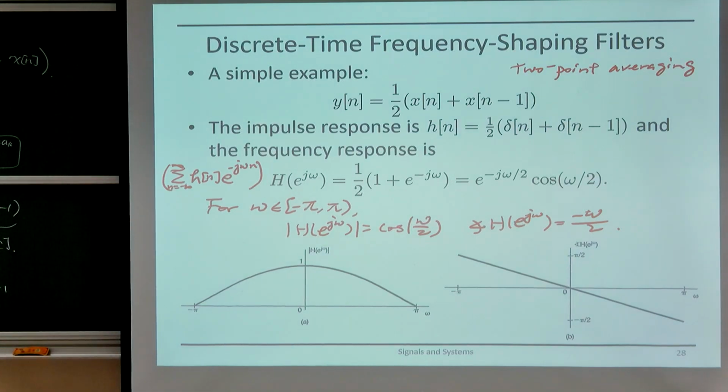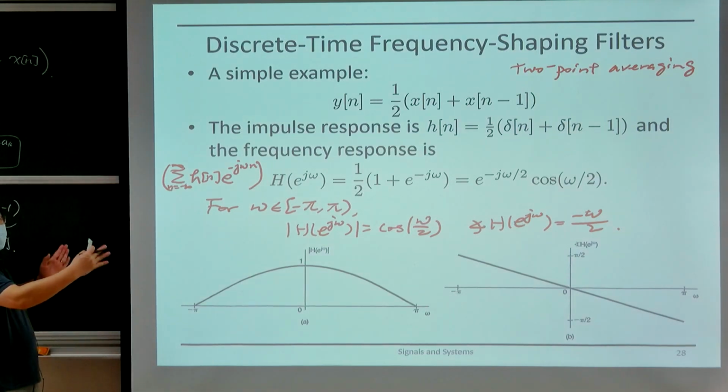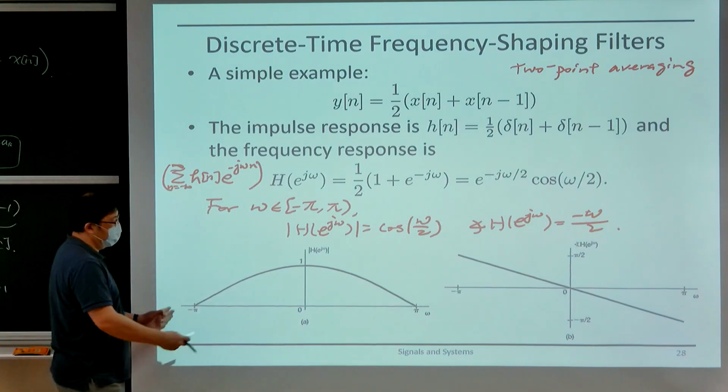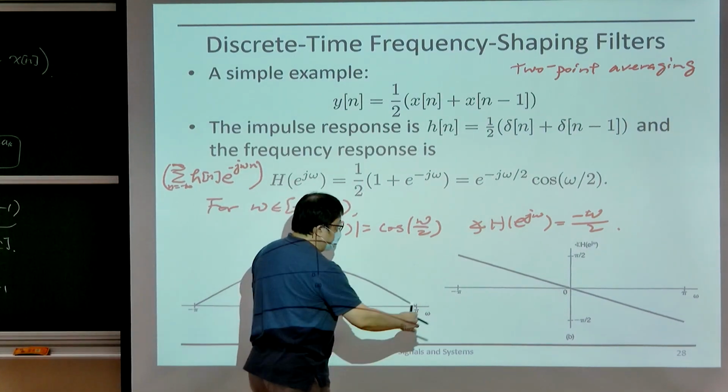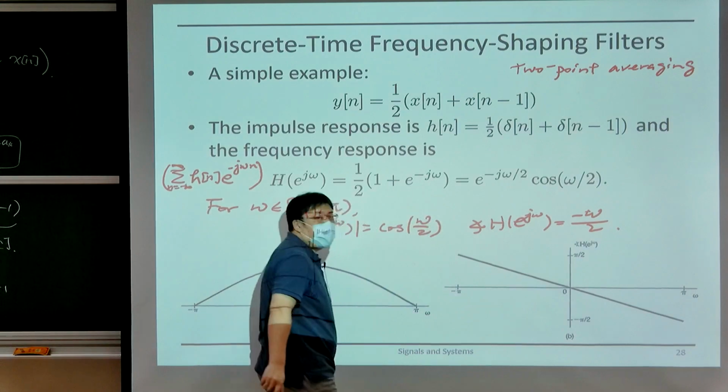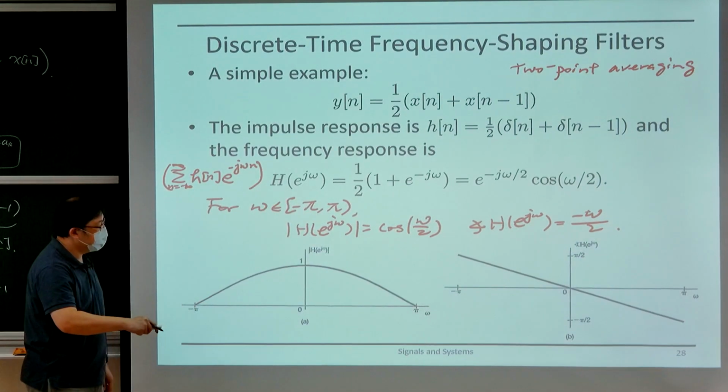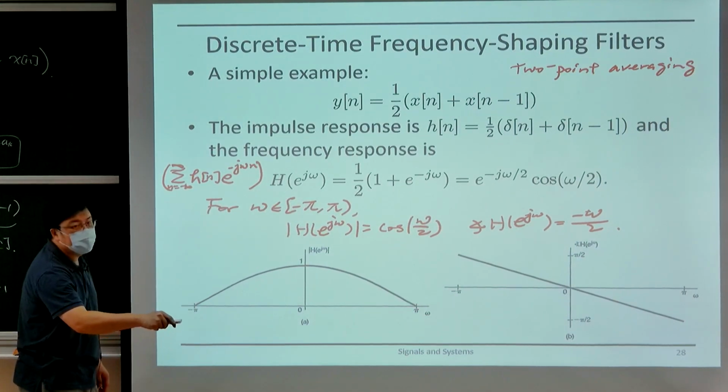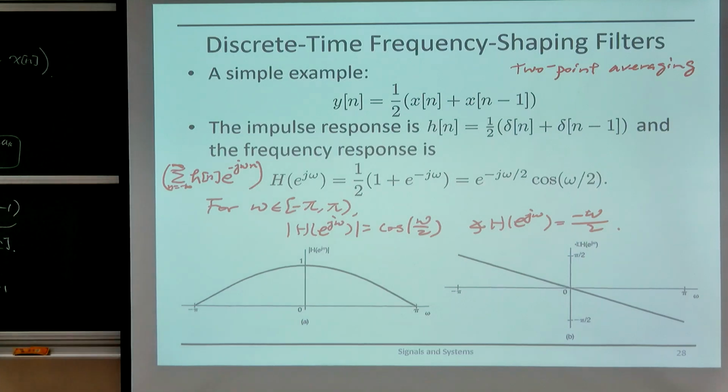I'm plotting this only over one 2 pi range. If you look further down, let's say from pi to 3 pi, then you would just have this same thing repeating over and over again, because this H is periodic.